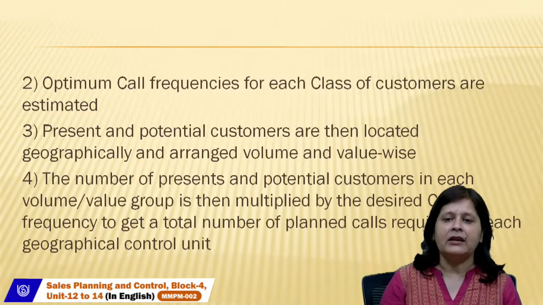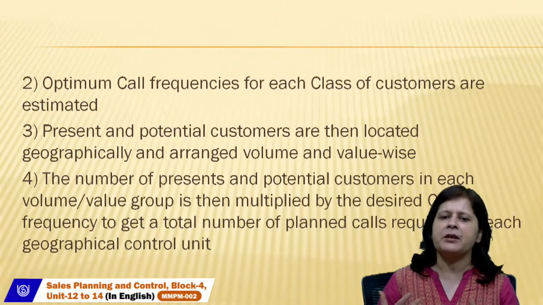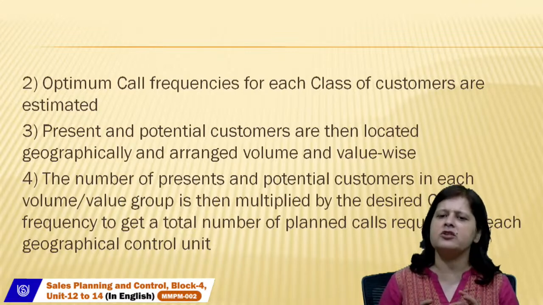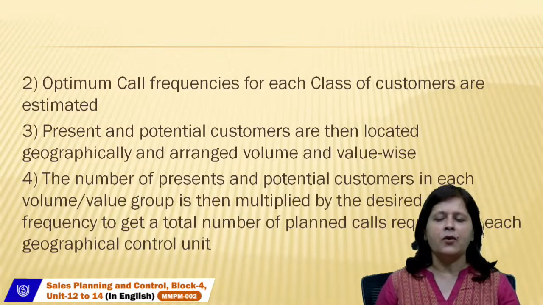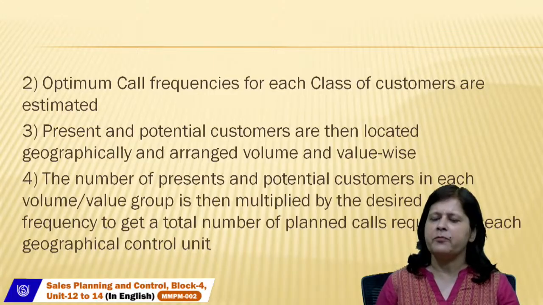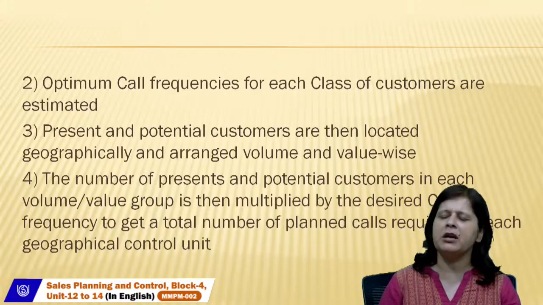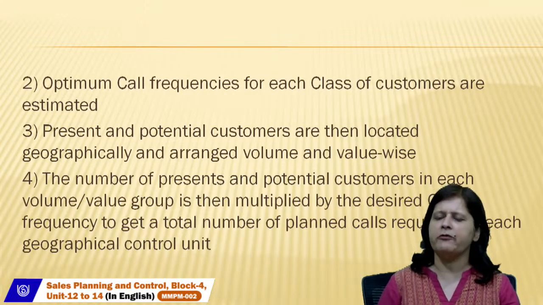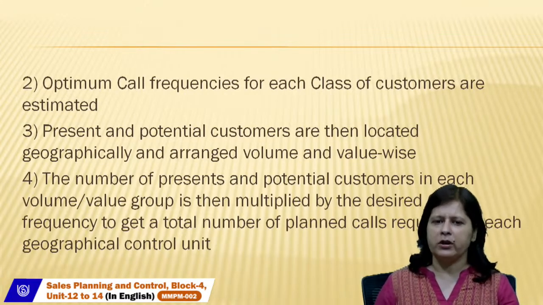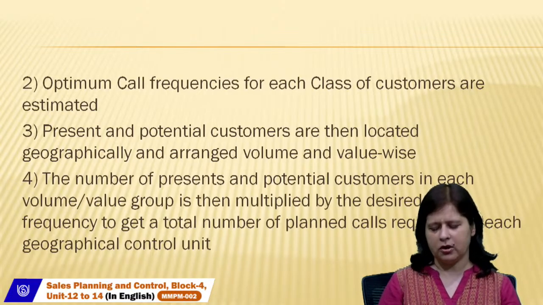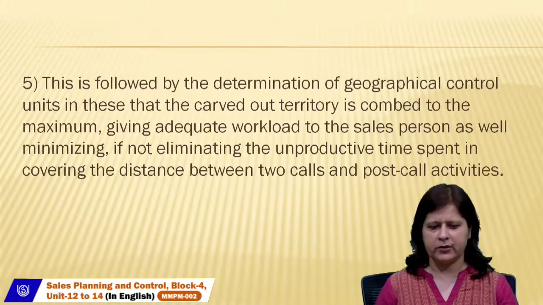Then we define the present and potential customers located geographically, arranged volume and value wise. How can we calculate this? The number of present and potential customers in each volume or value group is multiplied by the desired frequency to get the total number of planned calls required for each geographical control unit.